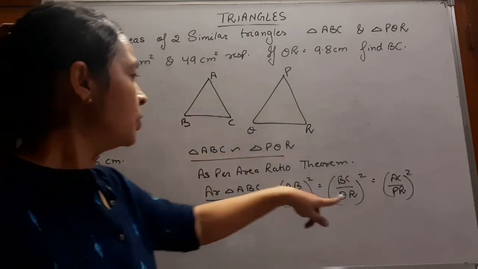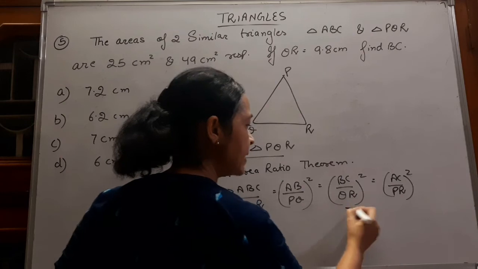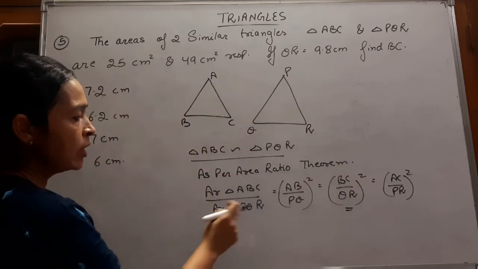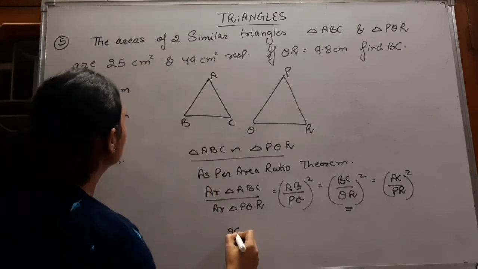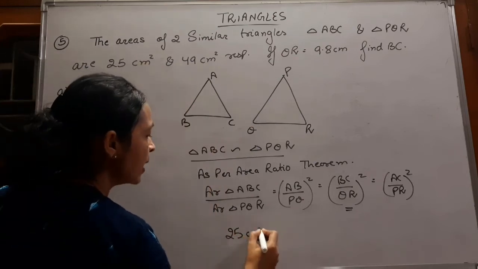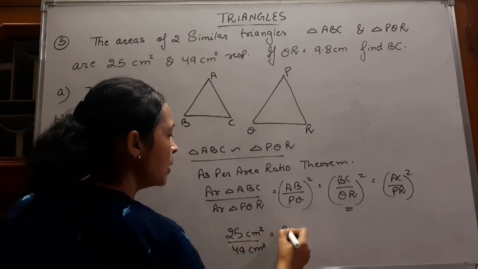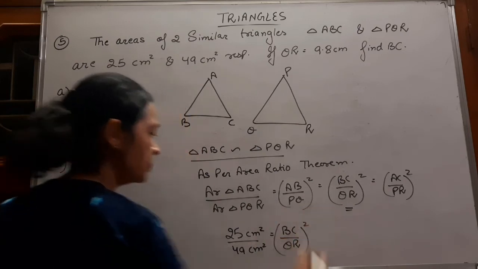Now we are given QR and we have to find the value of BC. Let's take area of triangle ABC upon area of triangle PQR, which is 25 centimeter square upon 49 centimeter square, equals BC upon QR whole square.